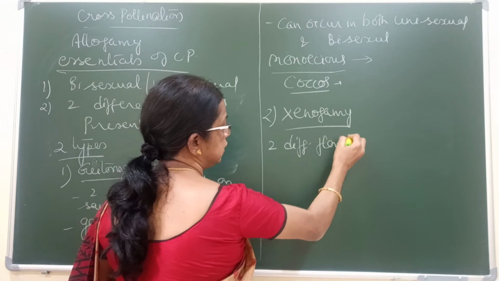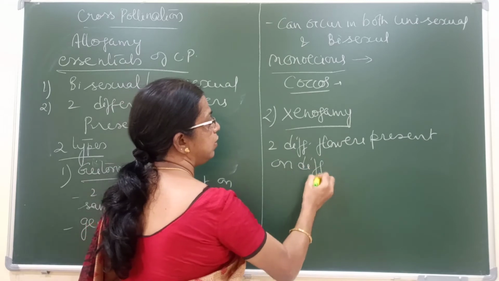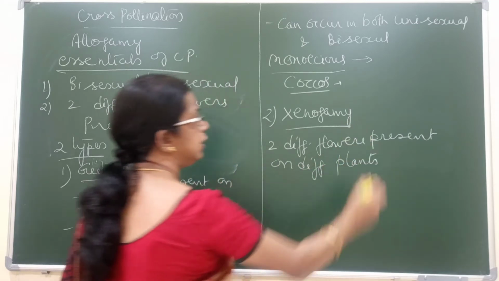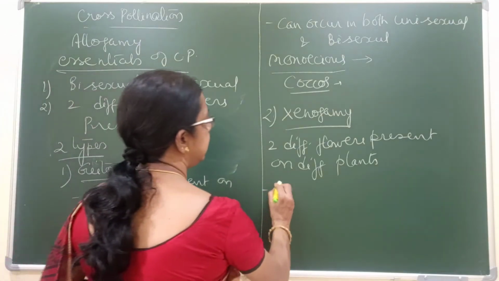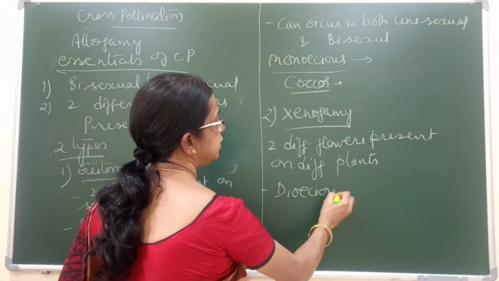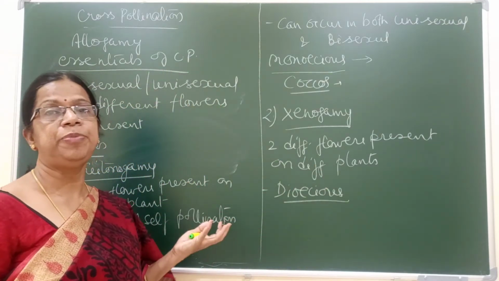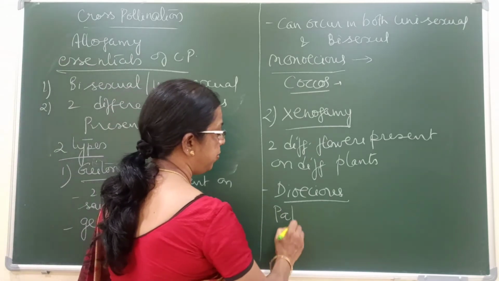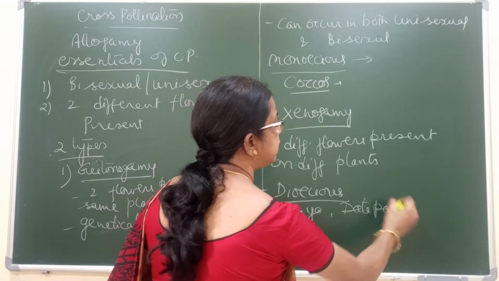Since two different plants are involved, we generally see it in the dioecious condition. For example, Carica papaya, the papaya plant, and date palm are all dioecious.